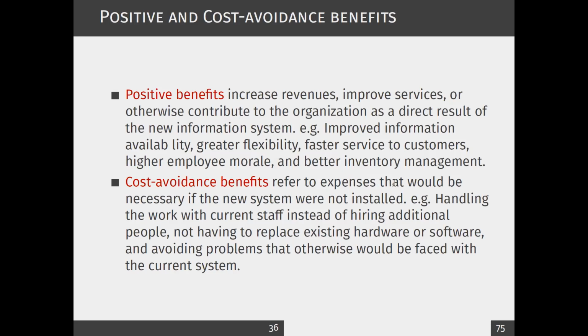So this is considered a direct result of the new information system. Cost avoiding benefits are expenses that would be necessary if the new system were not installed. For example, working with the current staff instead of hiring additional people, not having to replace existing hardware or software, and avoiding problems that otherwise would be faced with the current system. So these are considered cost avoidance benefits.